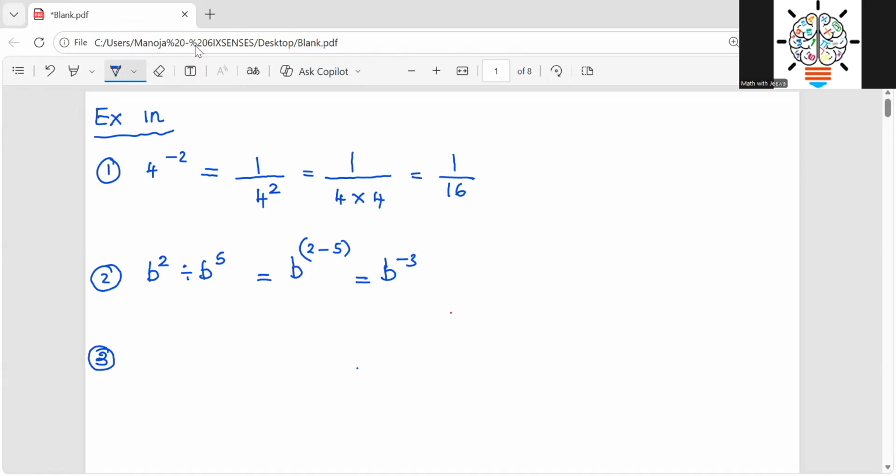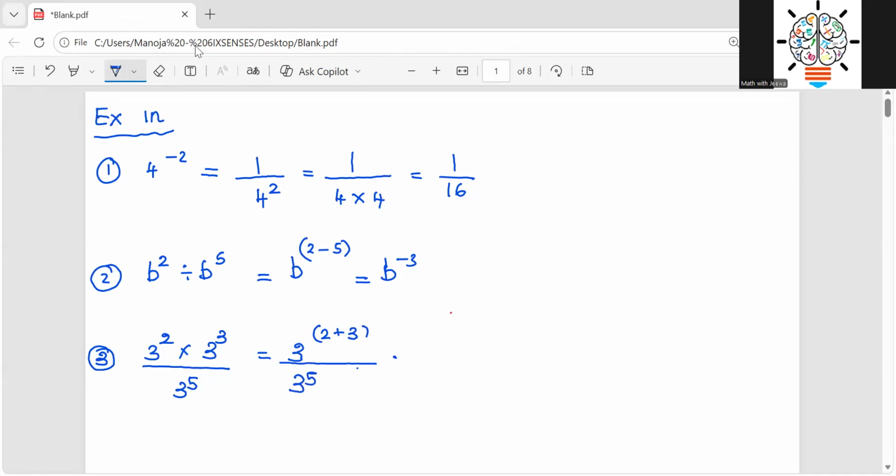You want to find the value 3 to the power of 2, and then you have 3 to the power of 3, and then you have 3 to the power of 5. First, what you want to do, you have 3 to the power of 2 plus 3. Okay, 2 plus 3. So then you have 3 to the power of 5.